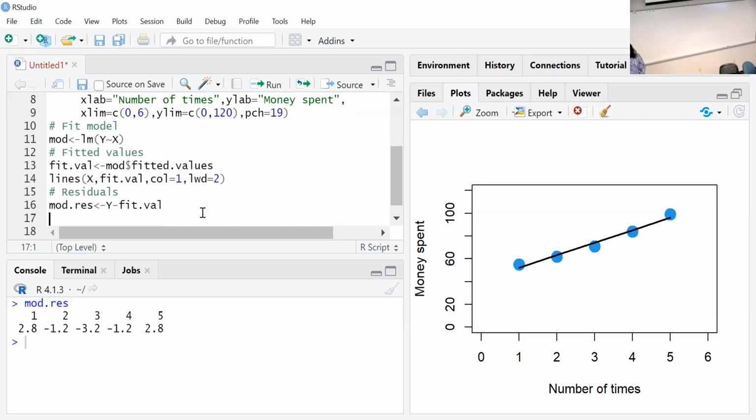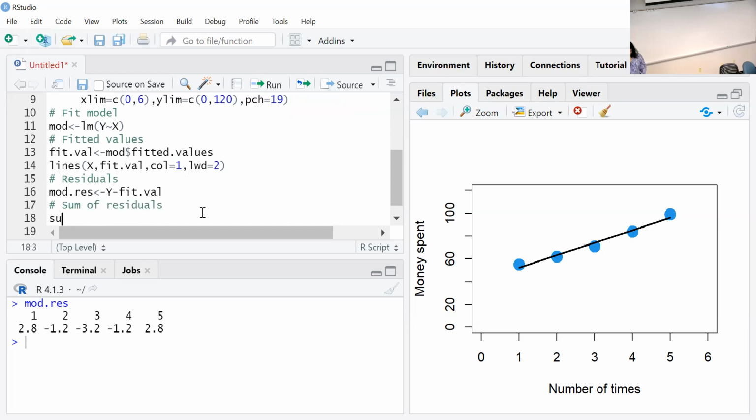Now, what do we expect the sum of residuals to be? 0. Let's see if we get 0. I get 7.105 times 10 raised to -15.